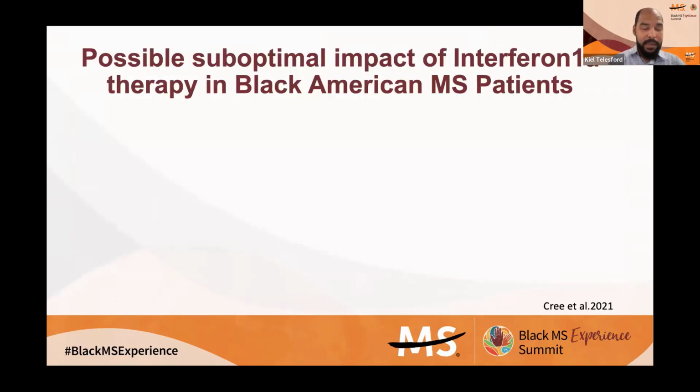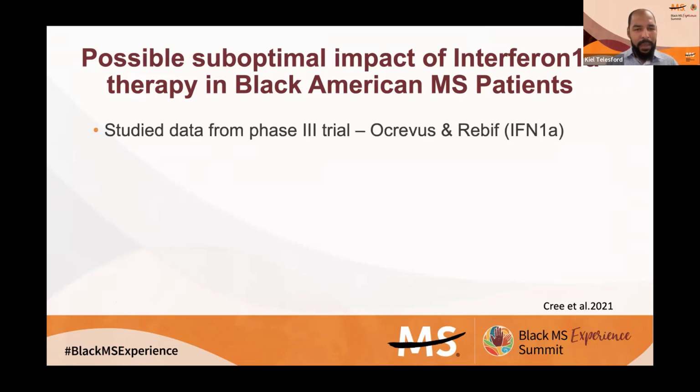This is important because there's some literature that suggests a suboptimal impact of particular therapies, namely the interferons. This particular study by Cree et al. in 2021 looked retrospectively at clinical trial data from the Ocrevus phase 3 trials, which had a Rebif interferon beta-1a arm.